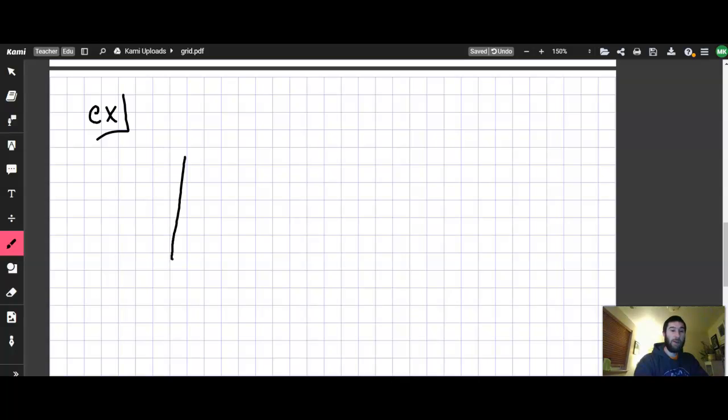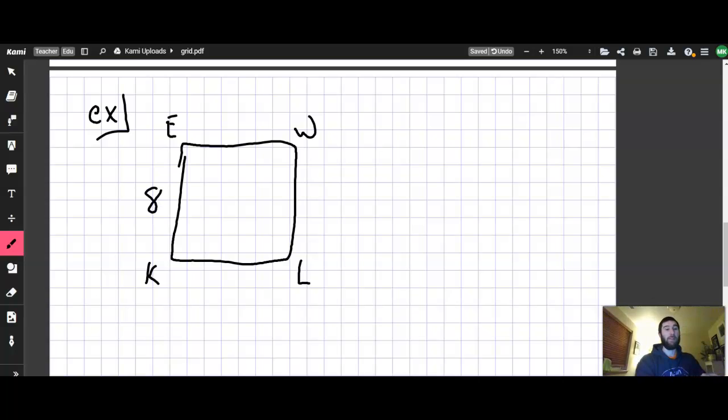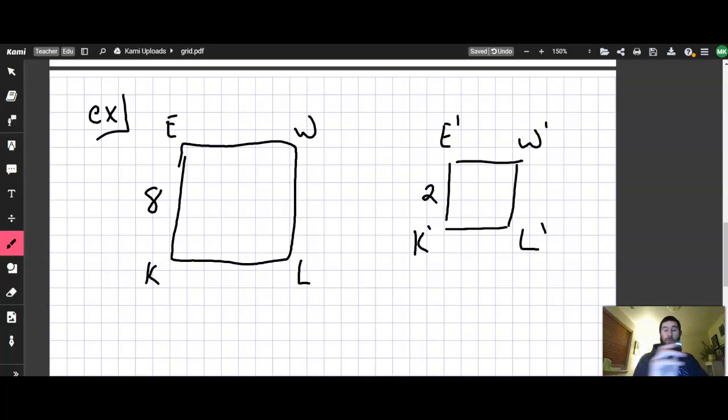We'll have a nice big rectangle here, and then I'm going to name this rectangle KEWL. And I'm only going to give us one side here, which is 8. And then I'm going to look at another one that's a little bit smaller, K prime, E prime, W prime, L prime, and name the side 2.